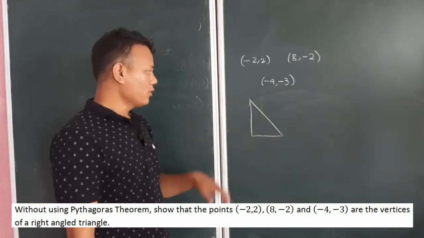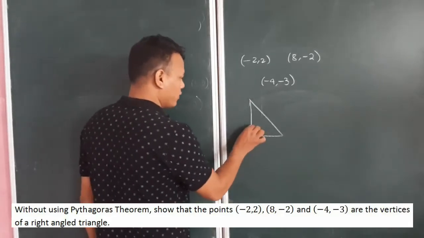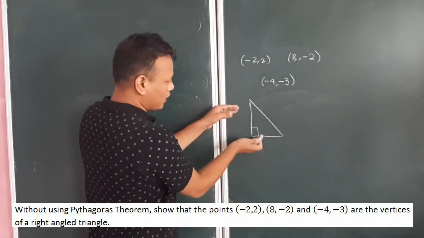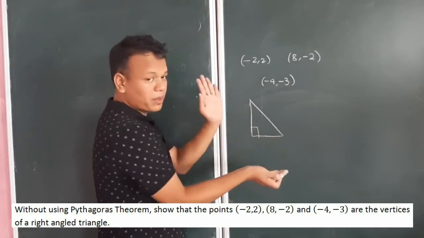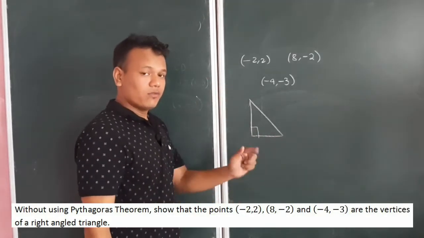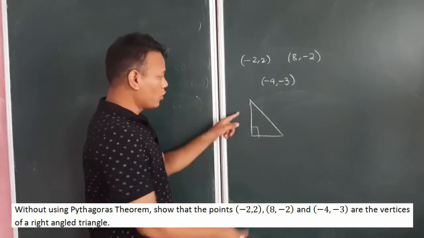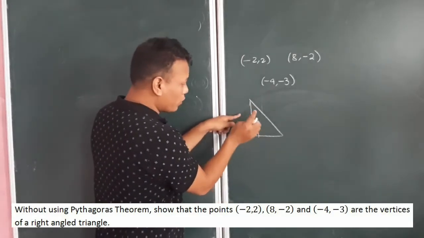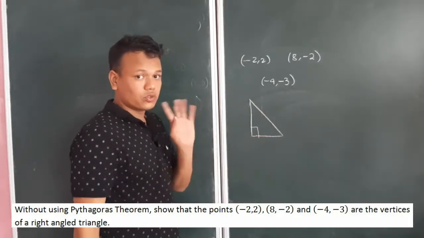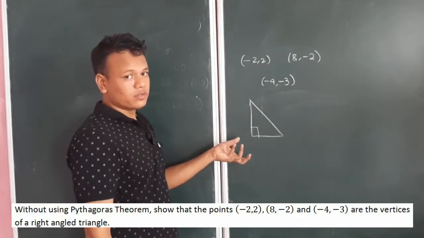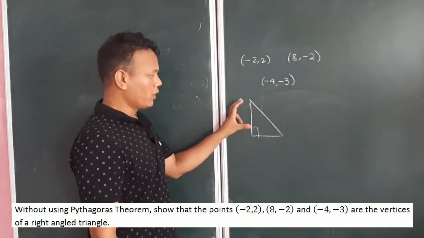So here the process is, we know that this angle is 90 degrees. That means this line and this line are perpendicular to each other. And we know that the rule for two lines to be perpendicular is that the product of the slopes of this line and this line has to be equal to minus 1. So what you're going to do is first find the slope of each side.